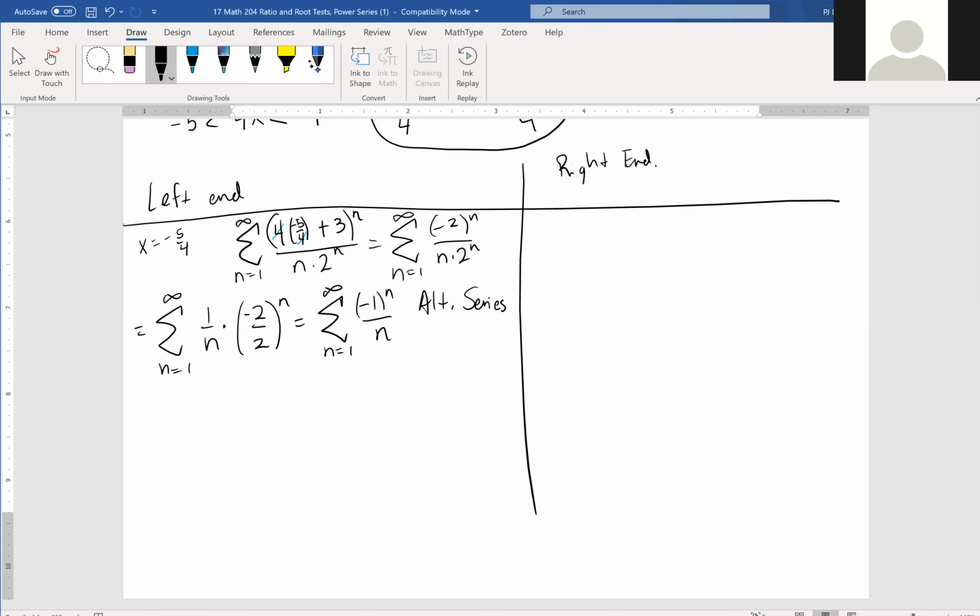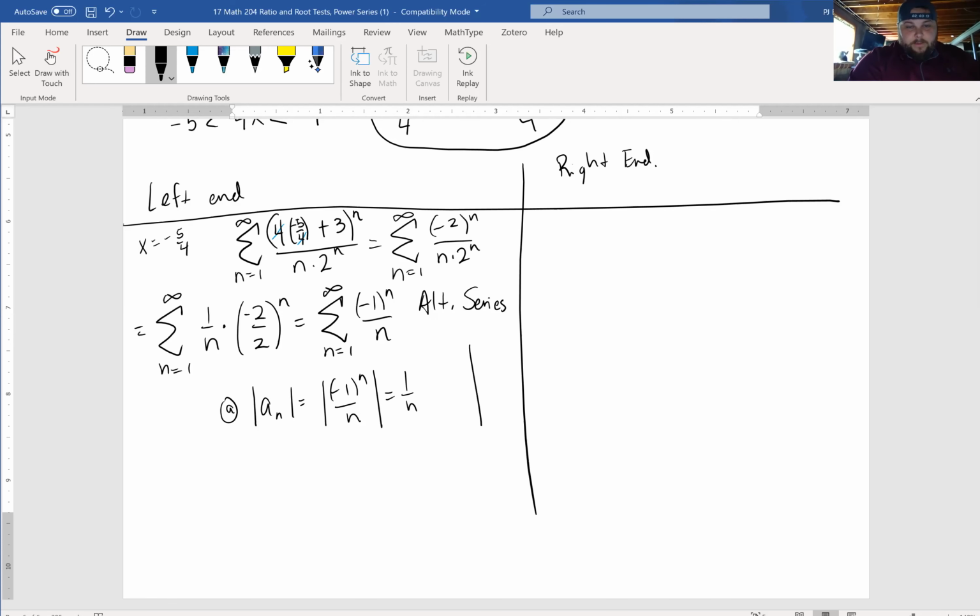I'm not just saying alternating series test, that's obvious. Take the absolute values. So I need to prove that it's decreasing. And to do that, I need the absolute value of b of n, which is 1 over n. 1 over n looks something like that, so that is enough to say that this is decreasing.